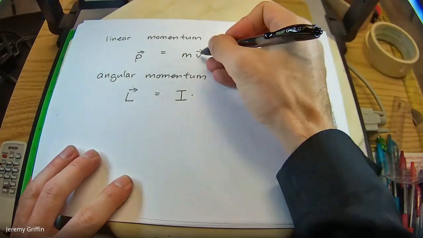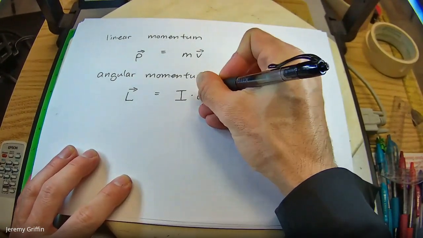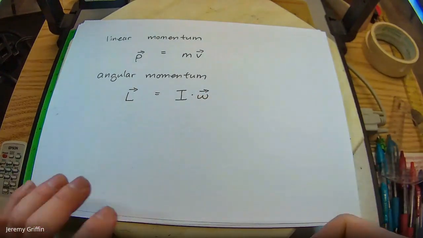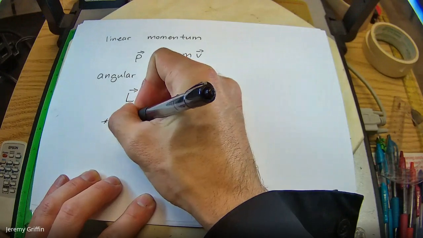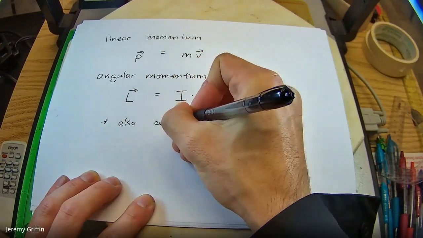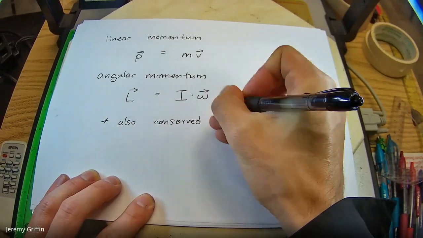And then instead of v, we're interested in omega. Like, what's the angular velocity? How fast is it spinning? This is also conserved in a closed system.